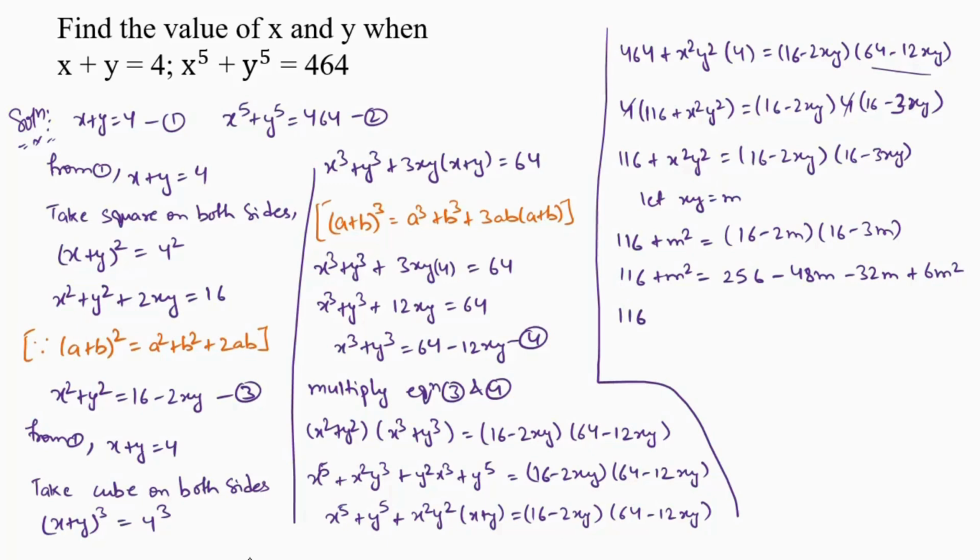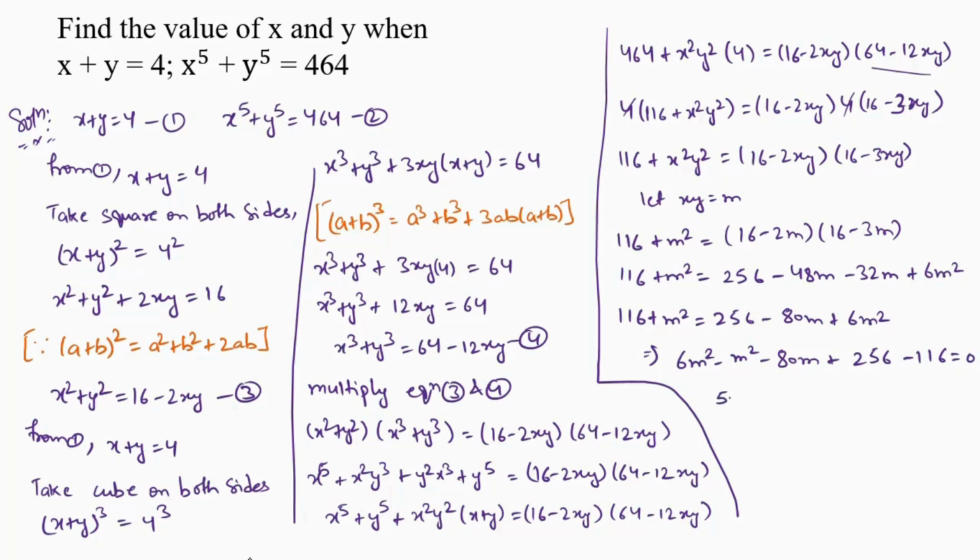So 116 plus m square is equal to 256 minus 80m plus 6m square. Bring the left hand side to the right hand side, we get 6m square minus m square minus 80m plus 256 minus 116 equals to 0.